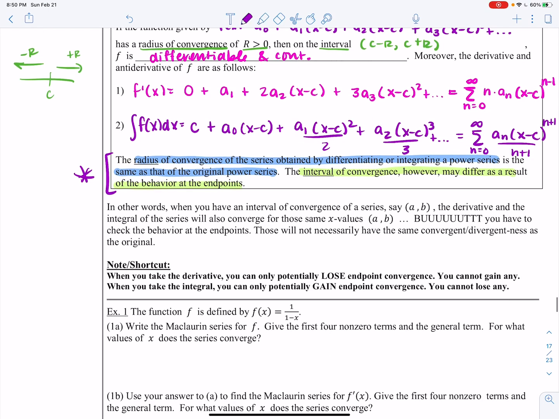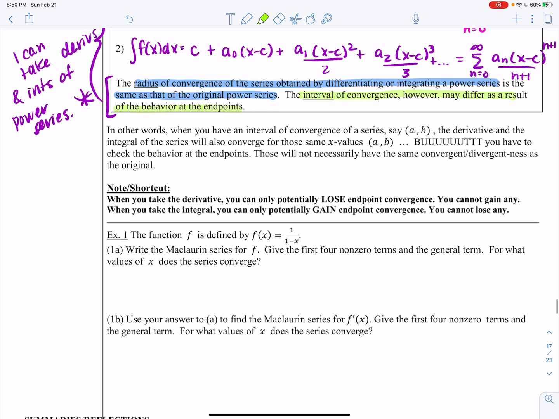So all this big giant text box is saying is I can take derivatives and integrals of power series. That's all it's saying. Okay?